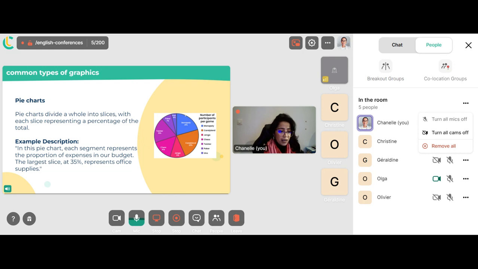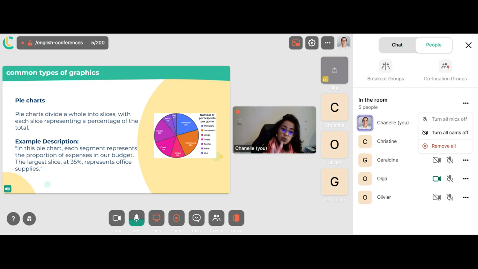So looking at this pie chart, it would be different, because what we would say is we would look at the figures it is giving us. And in this, it says number of participants per game. We can see the first is Monopoly, second Candyland, the third Jenga, the fourth chess, the fifth Twister, then poker, then Uno.